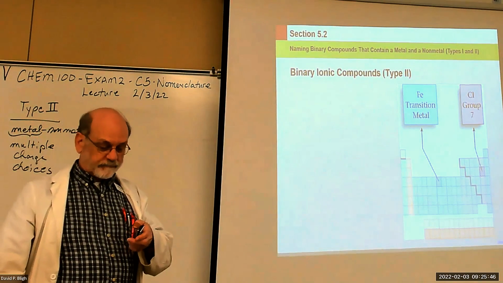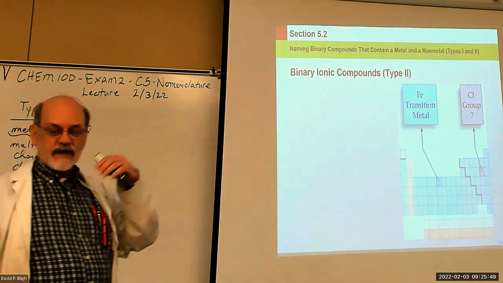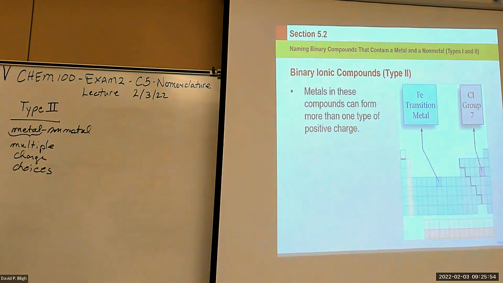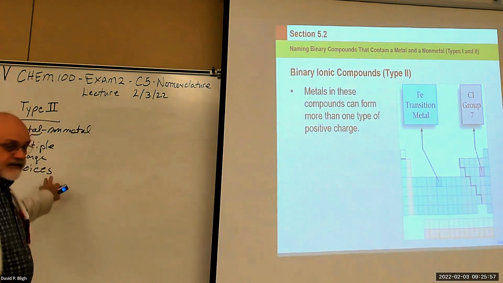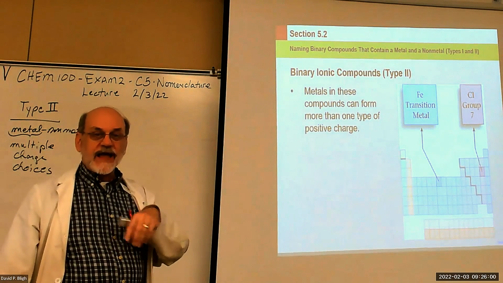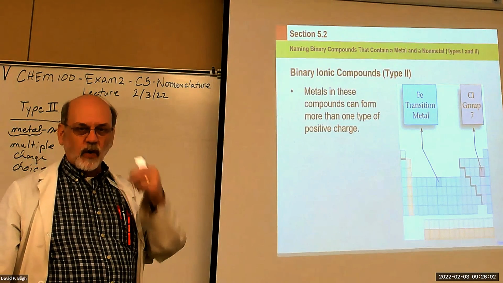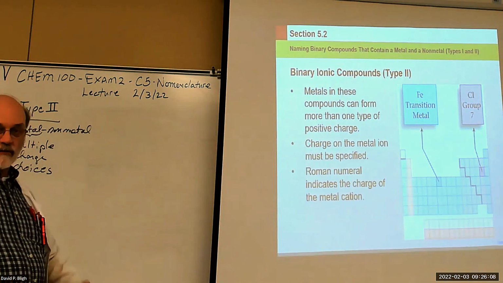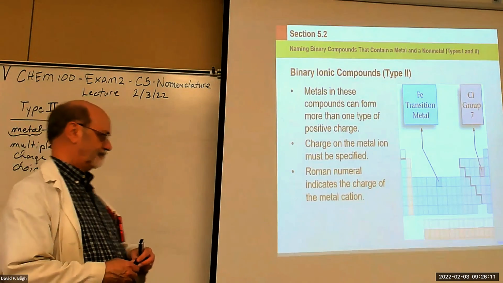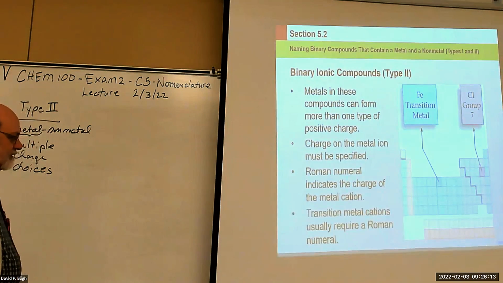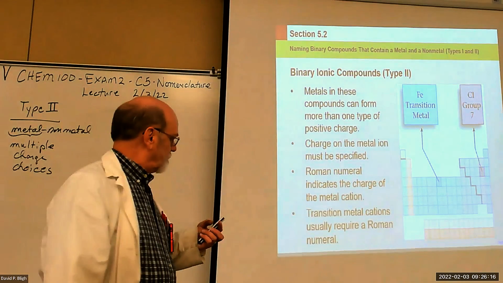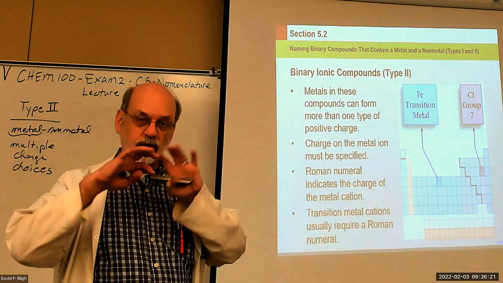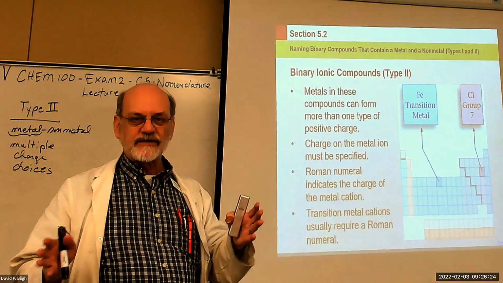It's similar to type 1. Right? You name the metal, and then the non-metal gets an -ide ending. But now, since the metal can have more than one possible charge, we have to specify in the name what that charge is. Okay? And we use a Roman numeral to do it. By and large, those metals that have possible multiple charges will come from the transition metals.